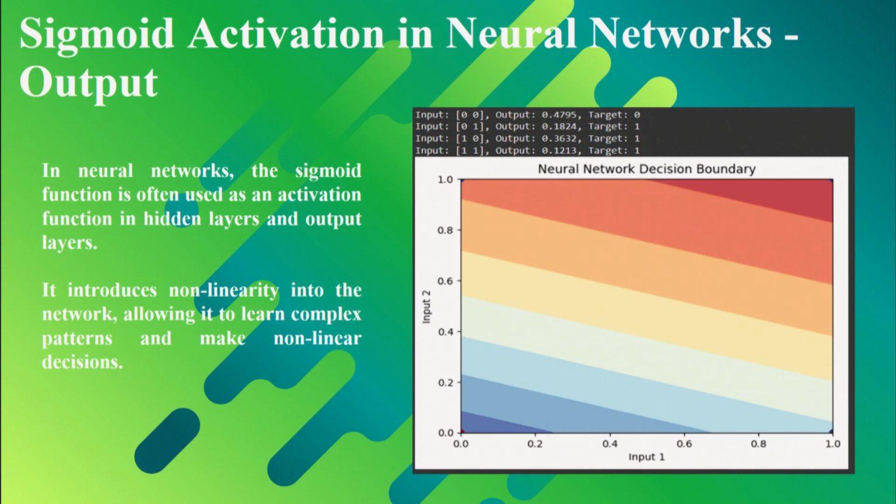If you see the inputs 0 0, 0 1, 1 0, 1 1, the outputs have been described with values 0.4, 0.1, 0.3, 0.1, and we see whether the target is achieved or not: target 0, and the other 3 are target 1. Here it introduces non-linearity into the network, and thereby it learns complex patterns and makes non-linear decisions.